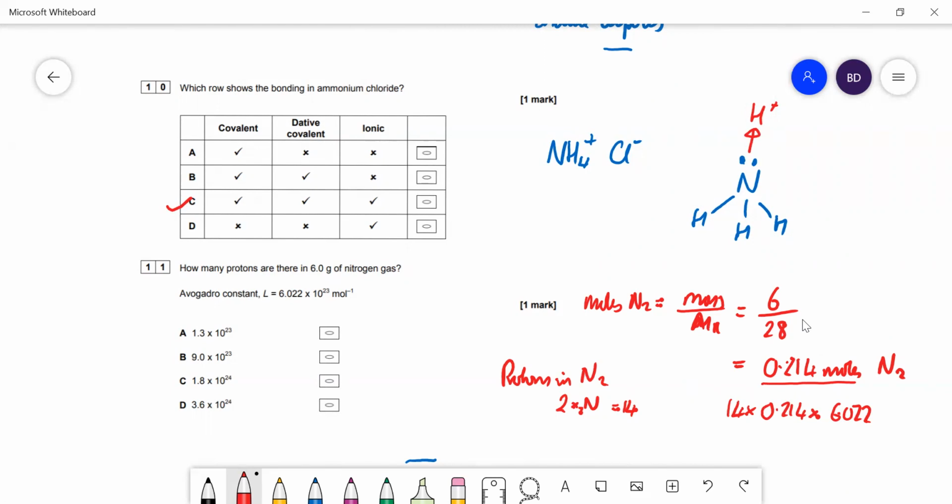That gives us 1.8 times 10 to the 24, that one there. So work out the number of moles of N2, then work out the number of molecules of N2. And then you've got to remember there are 14 protons in each molecule, so multiply the whole thing by 14.